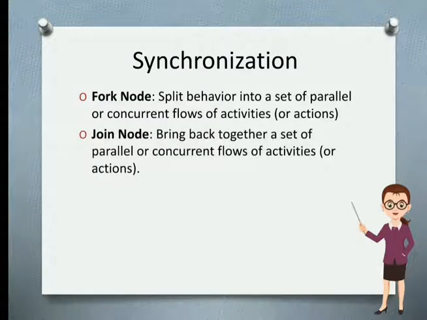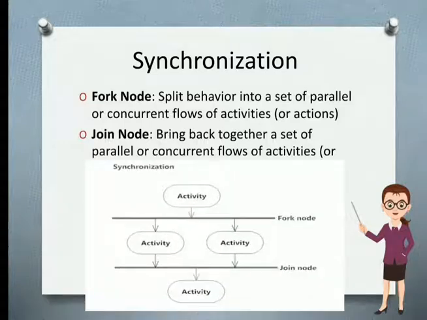So in short, a fork node splits behavior into a set of parallel or concurrent flows of activities or actions. And a join node brings back a set of parallel and concurrent activities into a single node, or a single point. The notation for synchronization, for fork and join, is the same: a thick horizontal bar.